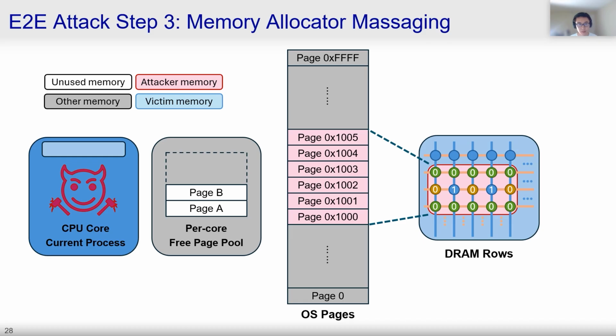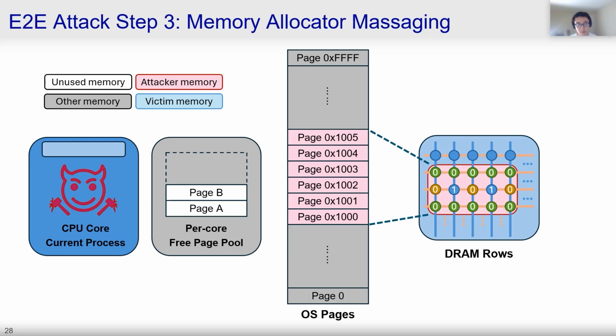Let's take a closer look at how memory allocator massaging works. From the CPU side, on each CPU core, there is a currently running process. For the Linux kernel, each CPU core has a free page pool containing recently freed pages for the current process to use. On the physical memory side, the OS divides memory into many pages.